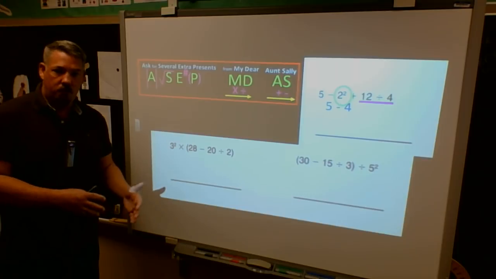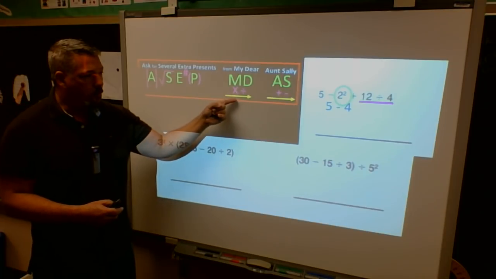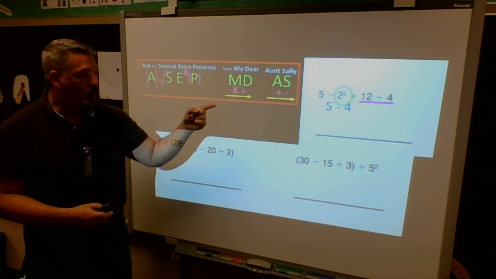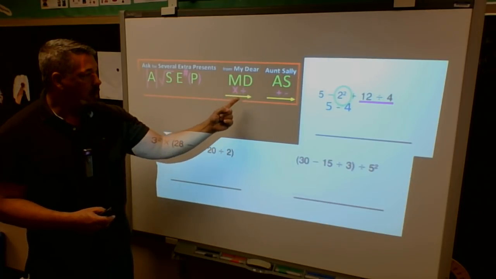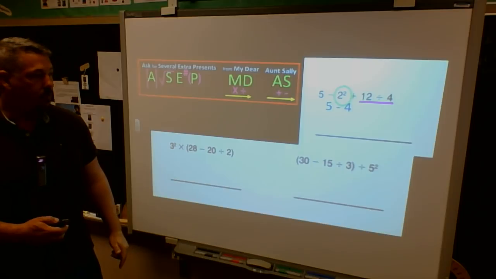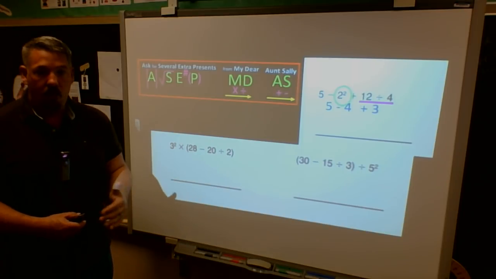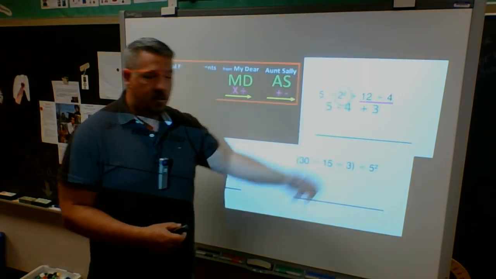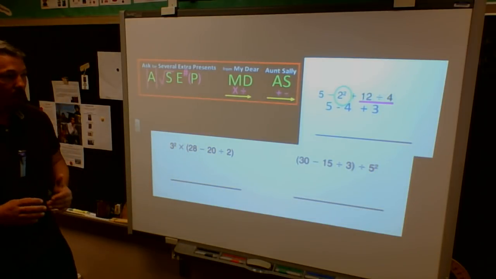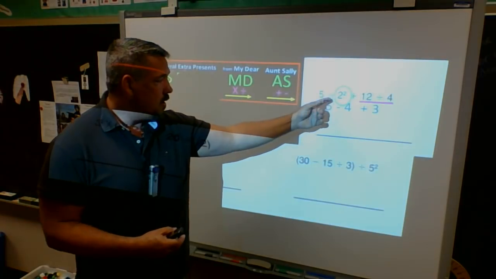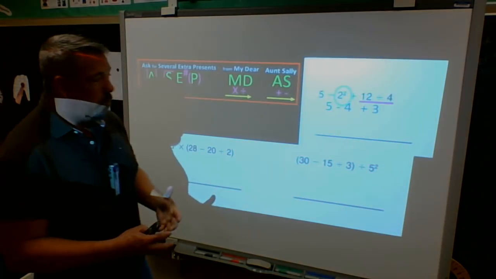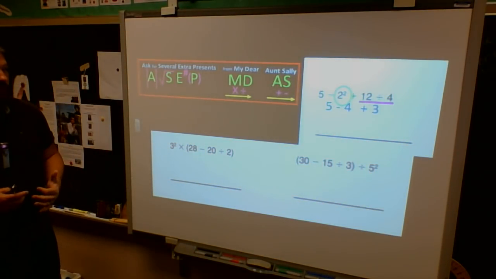Well, there's a division problem. So my division problem, I can go ahead and do also on this line because it won't change my answer. With my division, I want to take my 12 divided by 4, and that's just going to give me my plus 3. The plus sign just gets brought down. So my first line of work that I have to show is that I solved for my exponent, and I did my division because it doesn't change my answer.